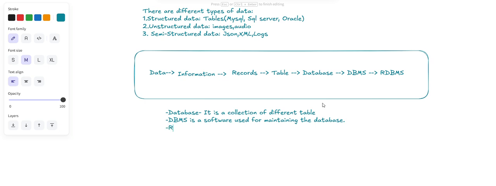And an RDBMS, a relational database management system, is a relational DBMS in which the data is stored in the form of tables, which is a structured format, structured data.